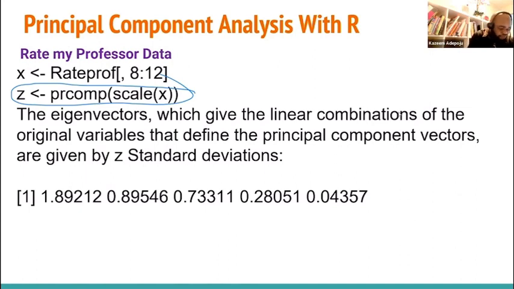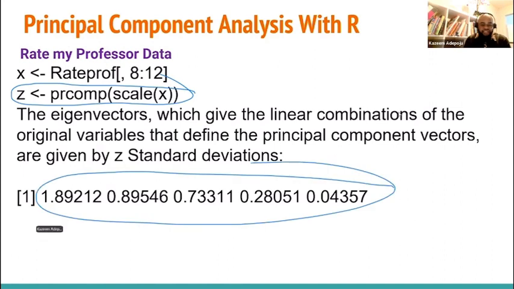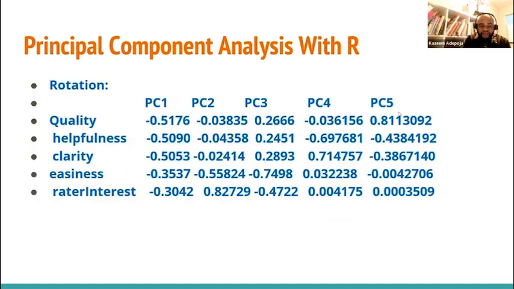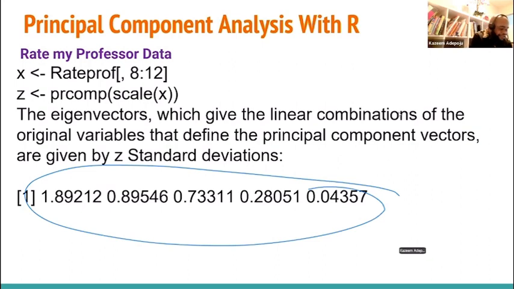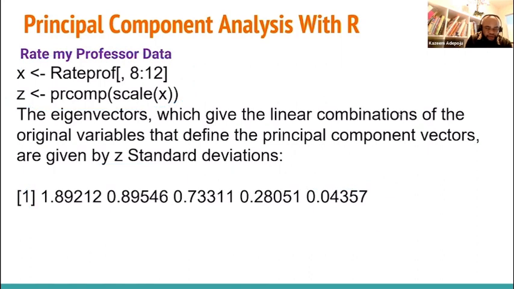When you write that, R will automatically generate that for you. Do you know what R is generating for you now? That is your eigenvalues, so lambda 1, lambda 2, lambda 3, lambda 4, lambda 5. And R will also generate the eigenvectors, PC1, PC2, PC3, PC4, PC5, and this will be automatically generated the moment you write that code. Does that make sense to you now?